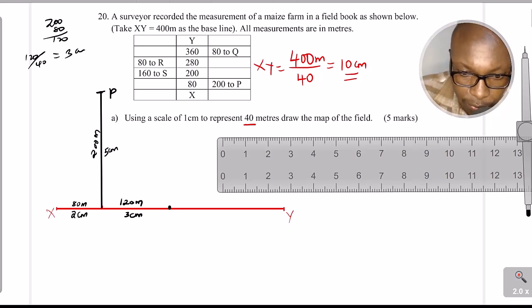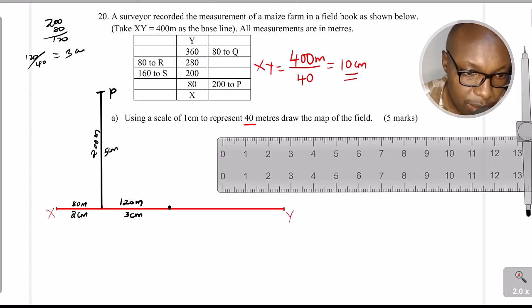Then from 200, from this point, now we move to S, 160 meters to S. Now those are the offsets to the left. The offsets to the left, we are going to put them below that line. So 160 meters using the scale, that will be 160 divided by 40, that will be 4 centimeters.